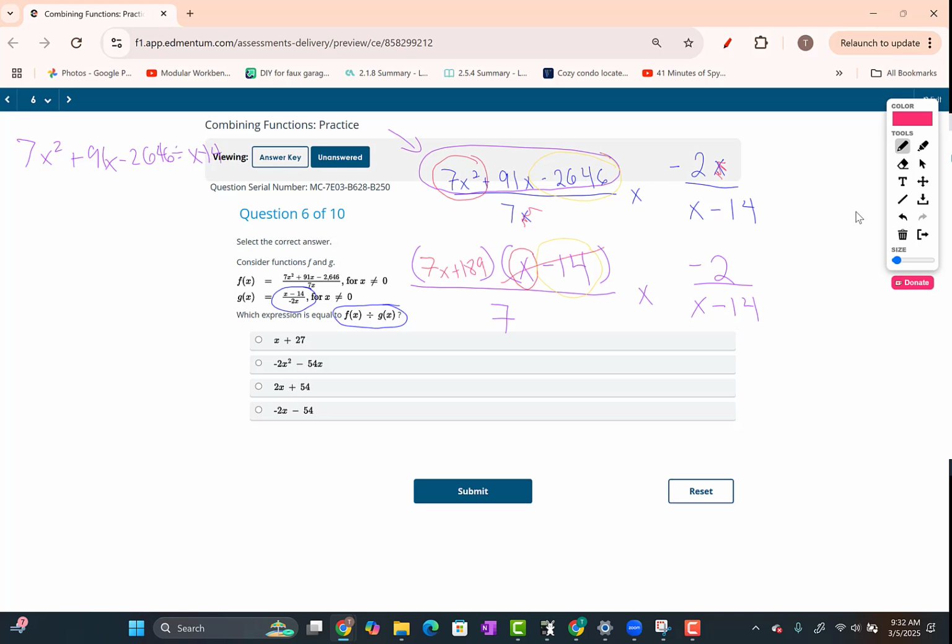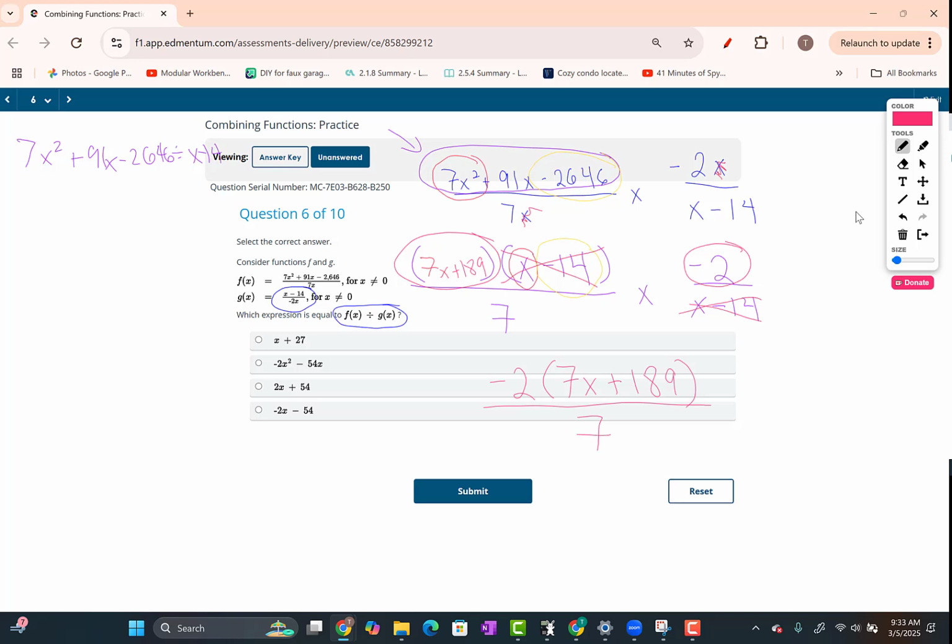The x minus 14s are going to cancel out here. And then we're left with, let's take our numerator, a negative 2 and a 7x plus 189. I'm going to write the negative 2 first, but we're multiplying those things together. On the bottom denominator of the fraction, all we have left is a 7.